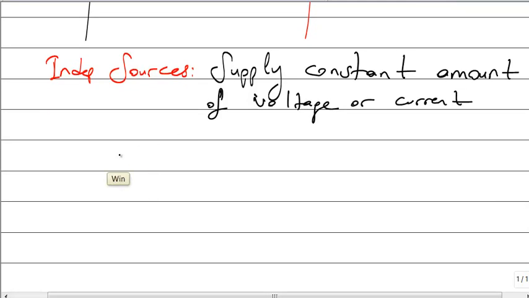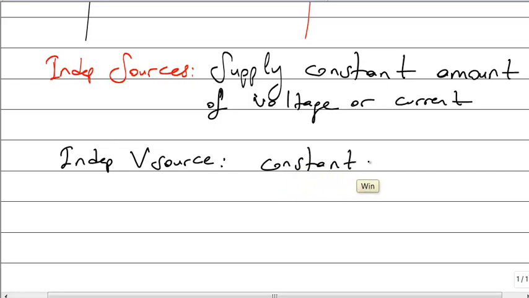What I mean is this: an independent voltage source supplies a constant voltage regardless of its current. Its current can be anything, but it always supplies a constant voltage.